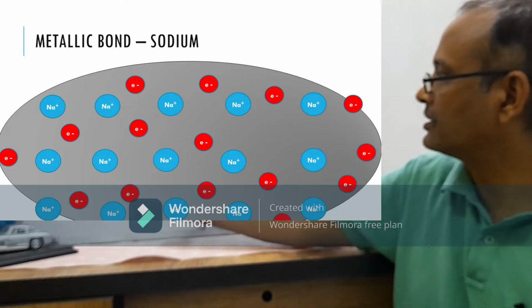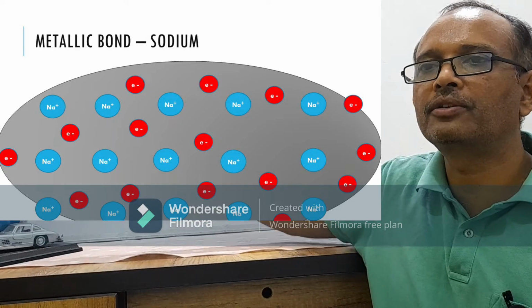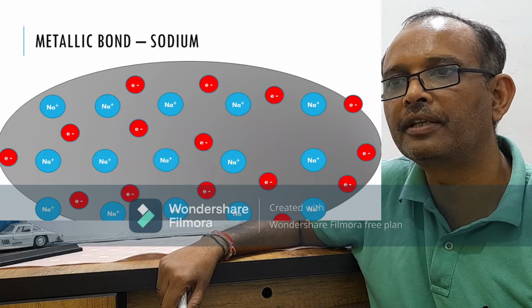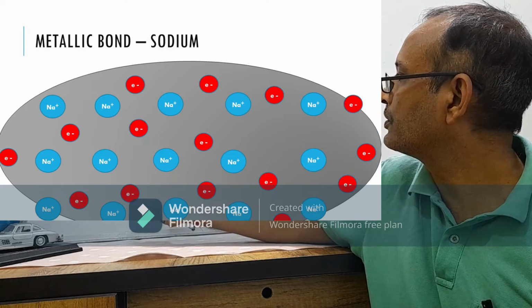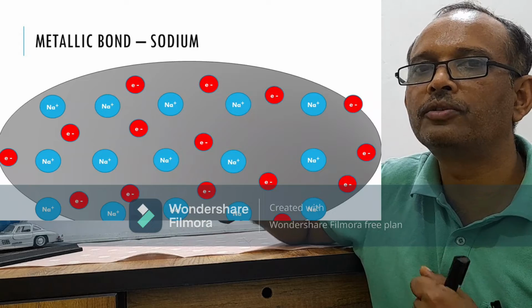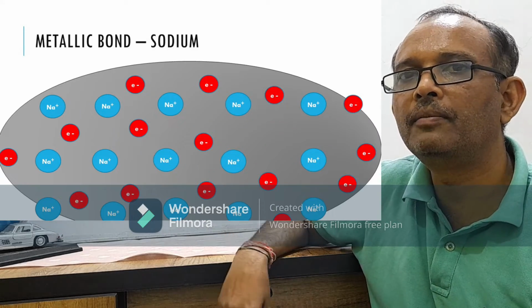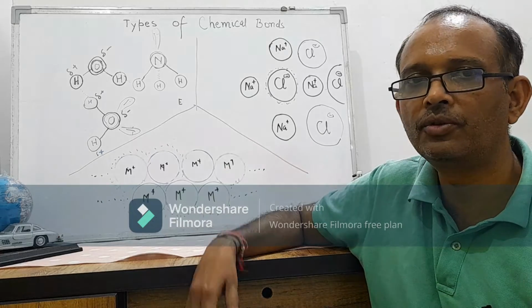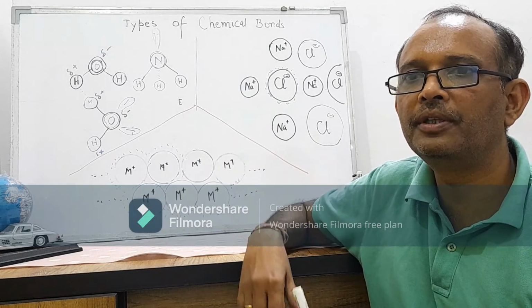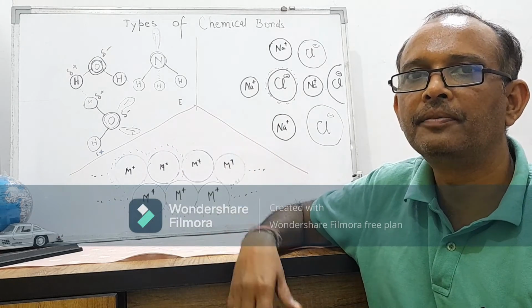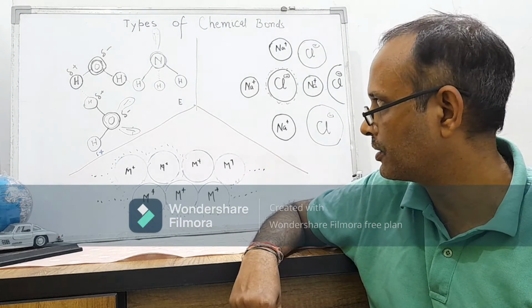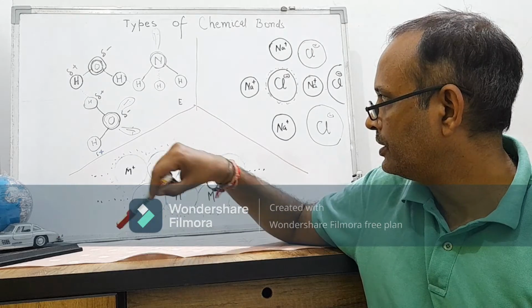It's like metal ions immersed in a sea of electrons, and therefore they become very good conductors of heat and electricity. Because of their strong bonding, they are also strong, malleable, ductile, and have very high mechanical strength. So you have steel, aluminium, titanium, and very strong things involving metal alloys.